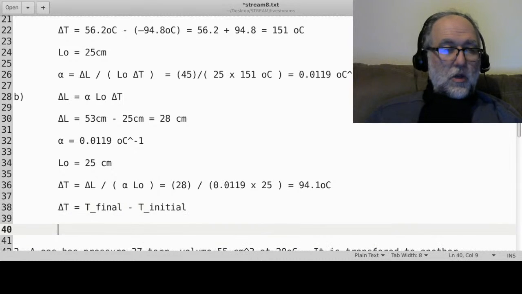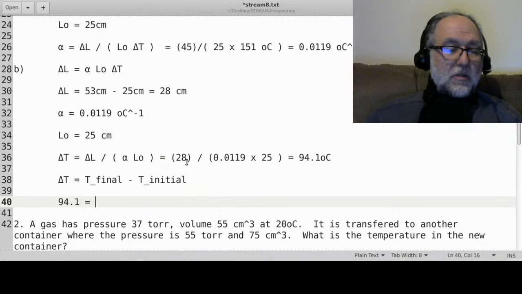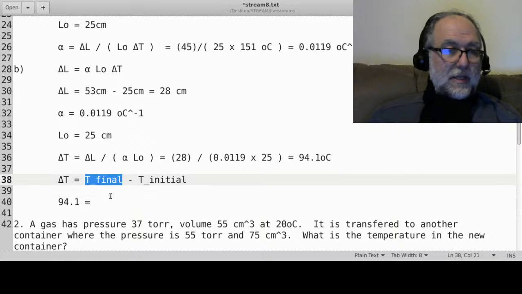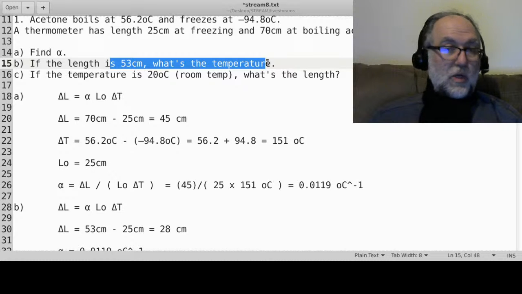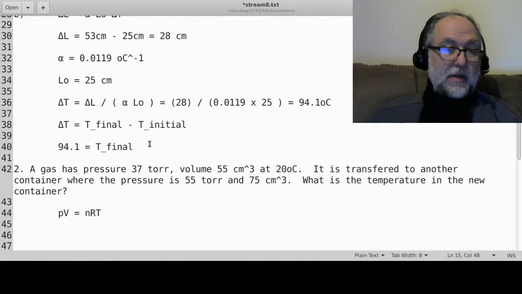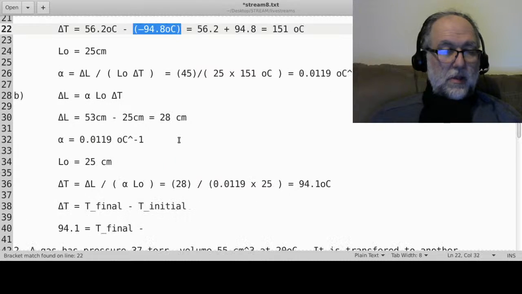We know that the delta T, which is what we just calculated, was 94.1. The final T is what we want to find: after it's finished expanding to 53 centimeters, what's the temperature now? And the initial temperature is this one right here.